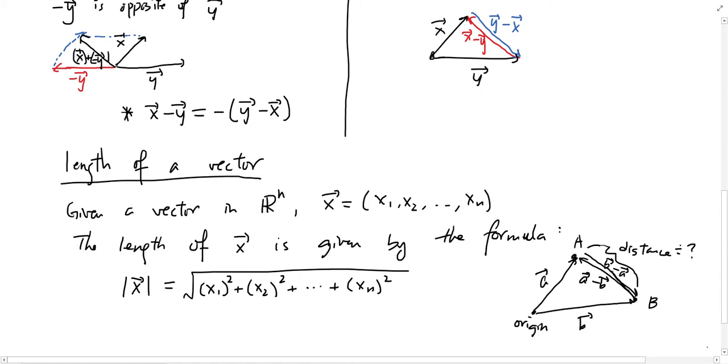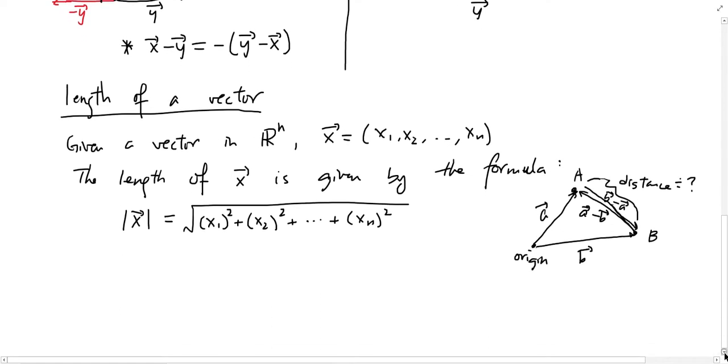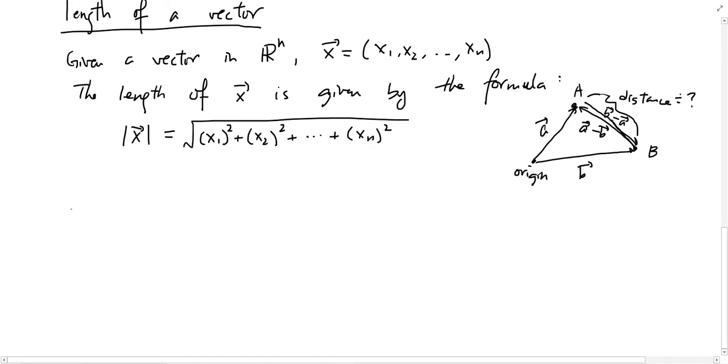Now, I'll show you a very simple example to illustrate how to use the length formula. Suppose I say, let vector x equal the vector 1, 2, 0, negative 5, 3. And I'm going to ask you to try to find the length of vector x. So what you do is just simply use the formula.